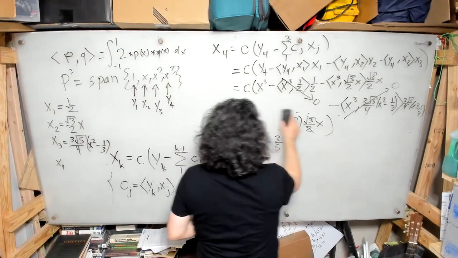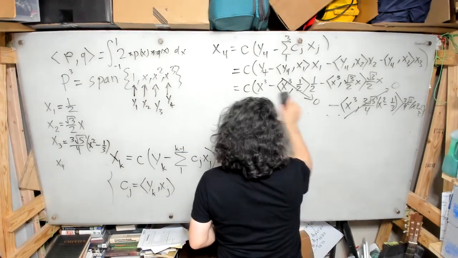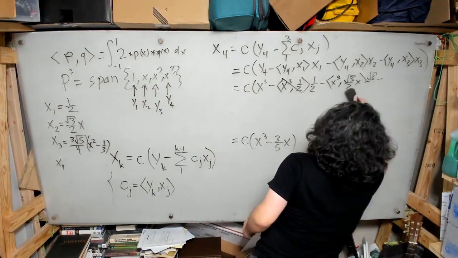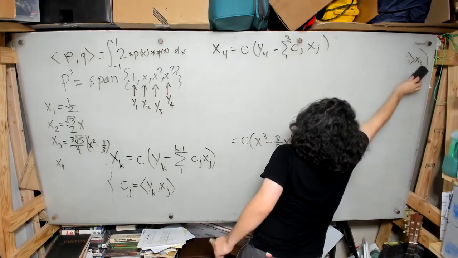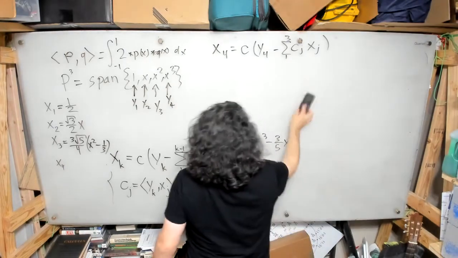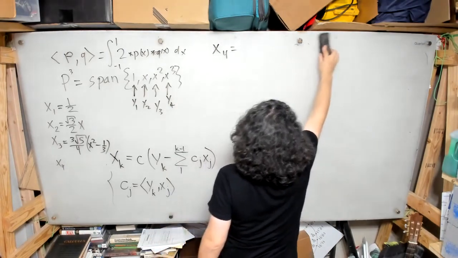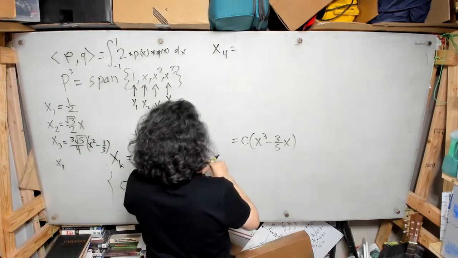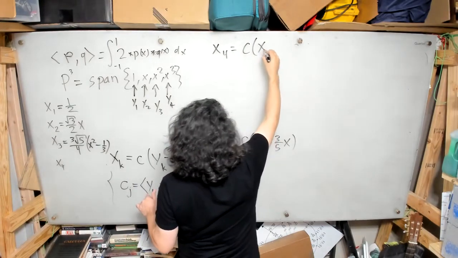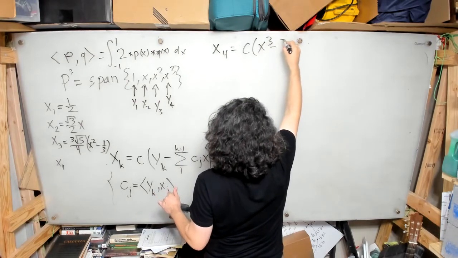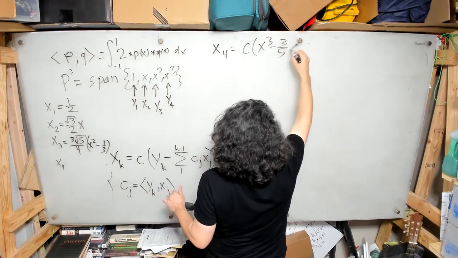In order to give us enough room to calculate the normalization constant, I'm going to erase this work, and I'm going to replace our current expression up here. Okay? So our current expression for the x4 is the constant, which we're about to calculate, times x cubed minus 3/5 x. Okay?